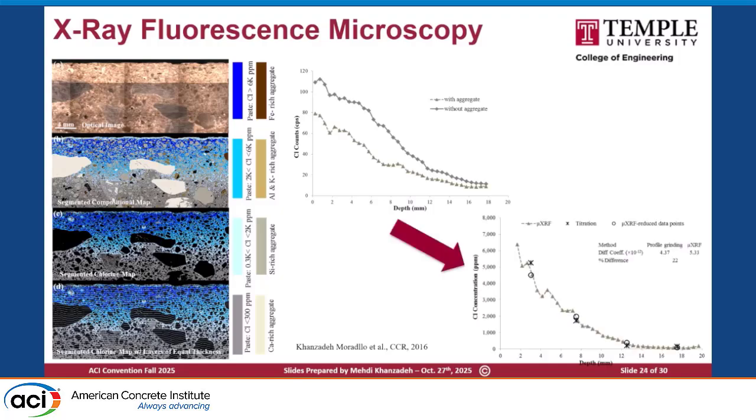Then using standards, we can move from the chloride counts to chloride concentration profile with high accuracy. And we basically tested multiple samples, about 20 samples, and we compared with the result from the titration, and the results were comparable to confirm the validity of our method.